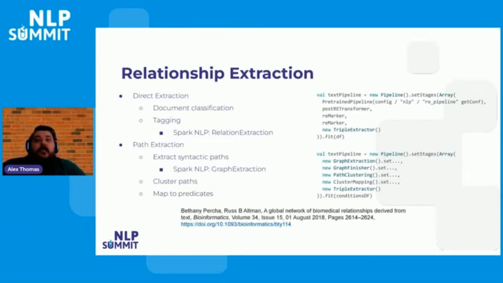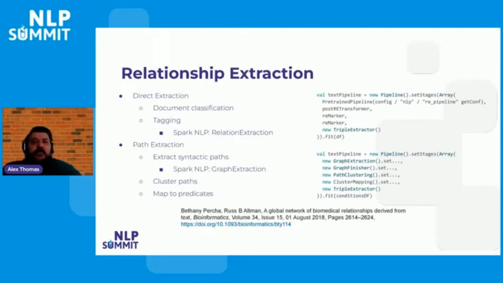So after we've fused in that low-hanging fruit, we have the much richer but more difficult to get at relationship extraction problem. Now, from our way of seeing it, there's basically two approaches. There's extracting directly a particular relationship or particular set of relationships, and then there's extracting via the actual language.